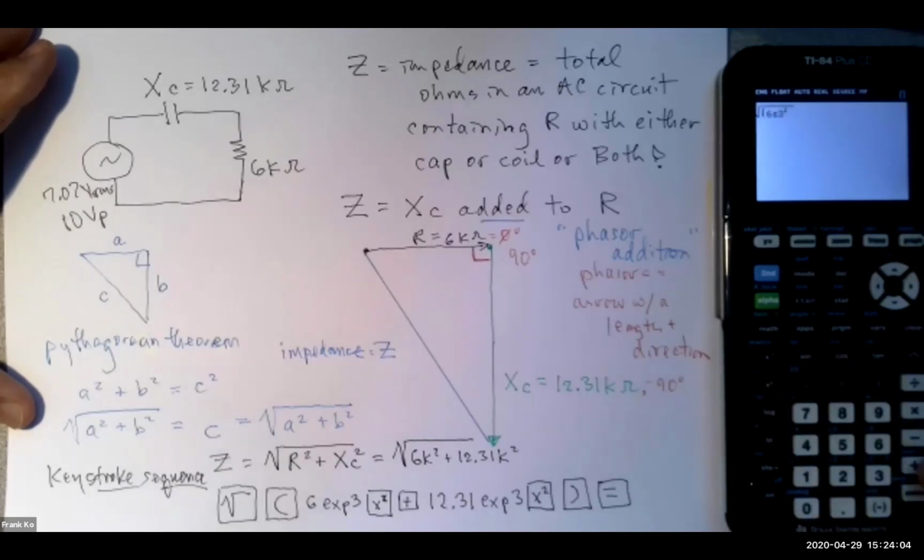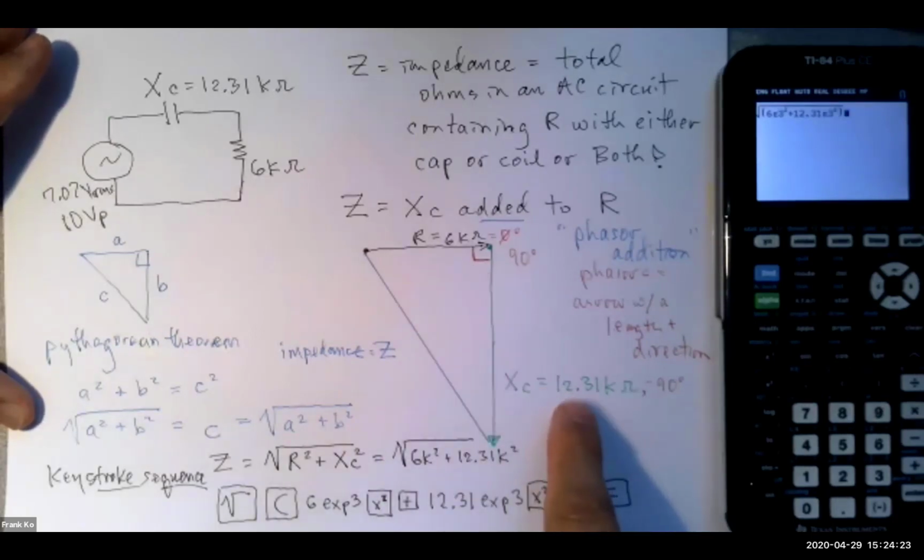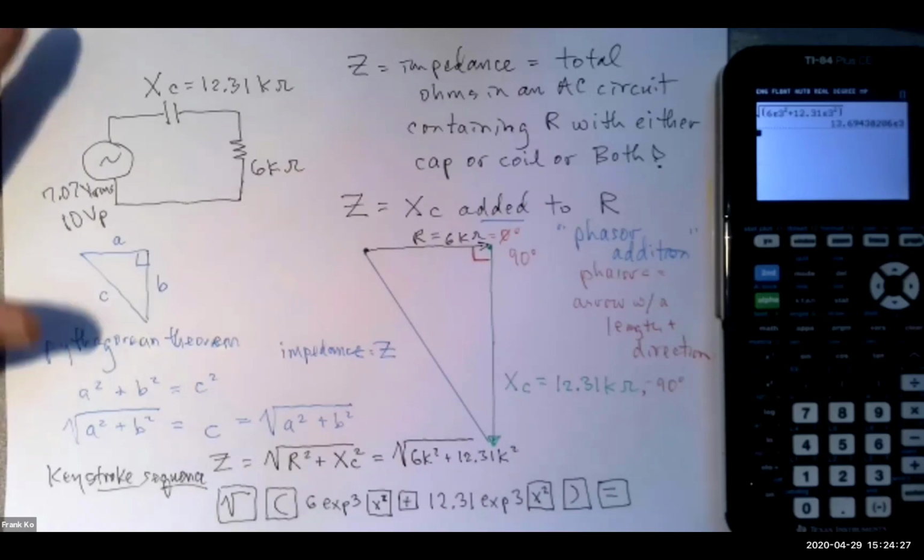Then I am going to hit add, and then I will have 12.31 exponent 3, and I have to square it as well. Hit close parenthesis, and then I will hit equals. So that number should be something larger than 12.31. I get 13.69 k ohms.